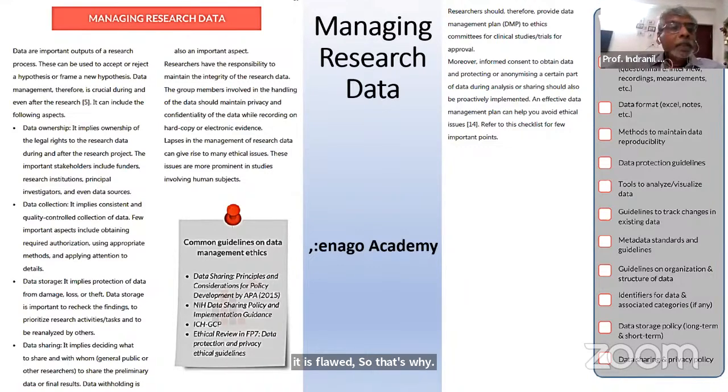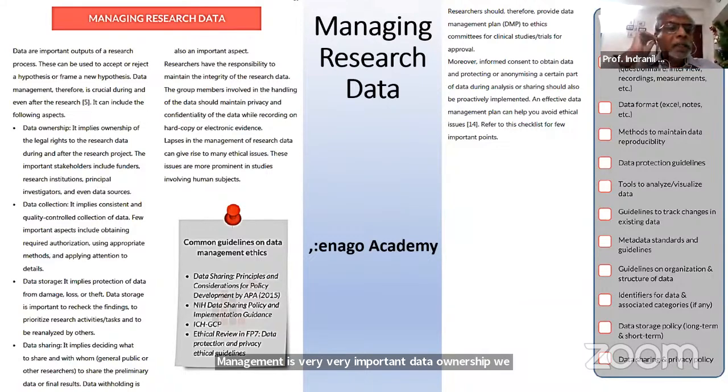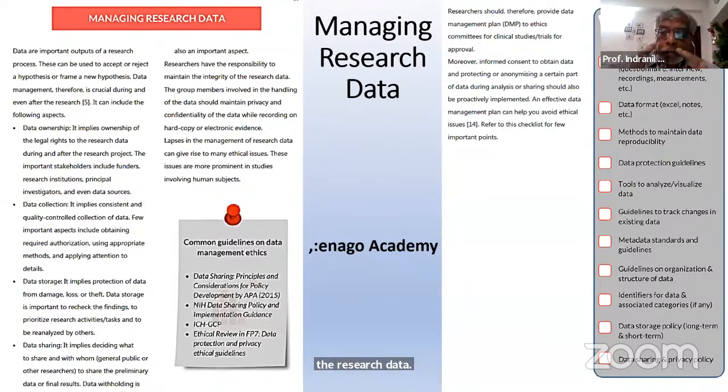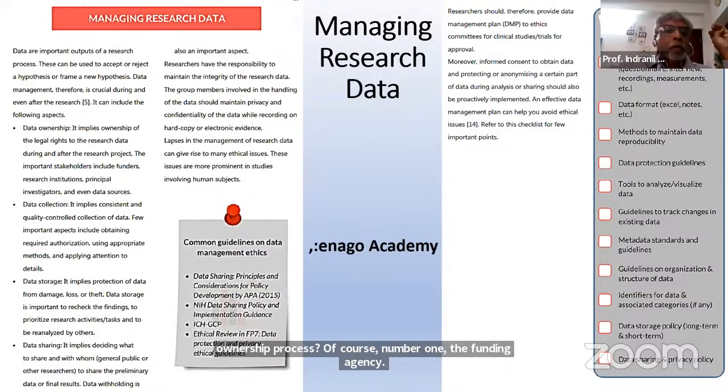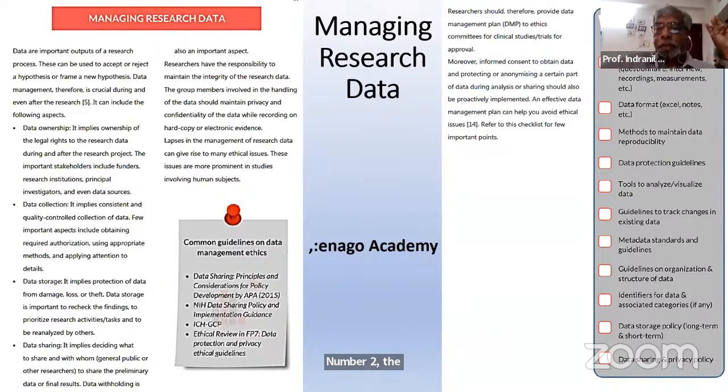Data ownership is important, which implies you need to own the legal research data. Once you complete a project, it is very important that you retain the data, that you have the ownership of the data. So who are the important stakeholders in this data ownership process? Of course, number one, the funding agency. Number two, the organization where you are working, the PIs, and all the data sources.